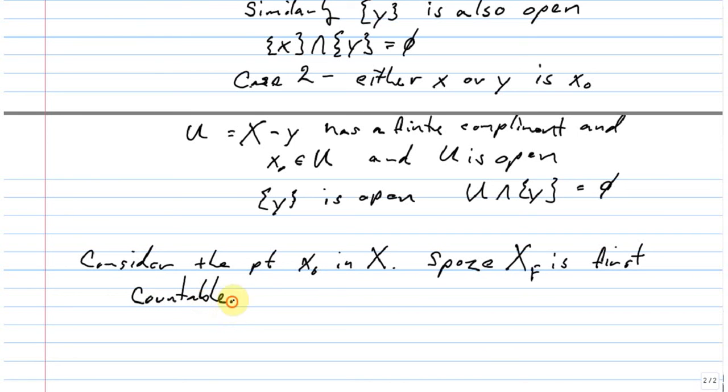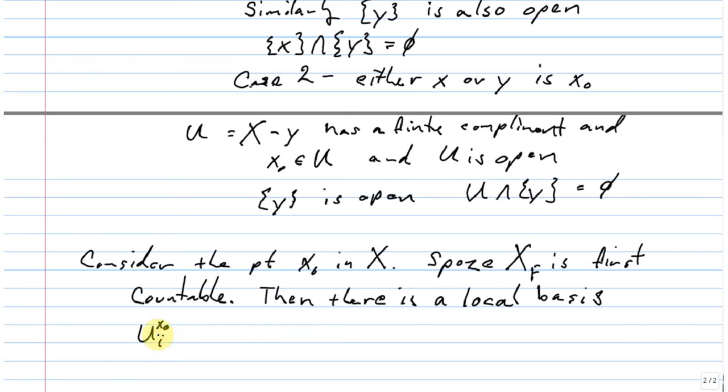So suppose it is first countable. What do you get if it's first countable then? There is, well, what I called in class a local basis, which is we have a U_i of x naught.